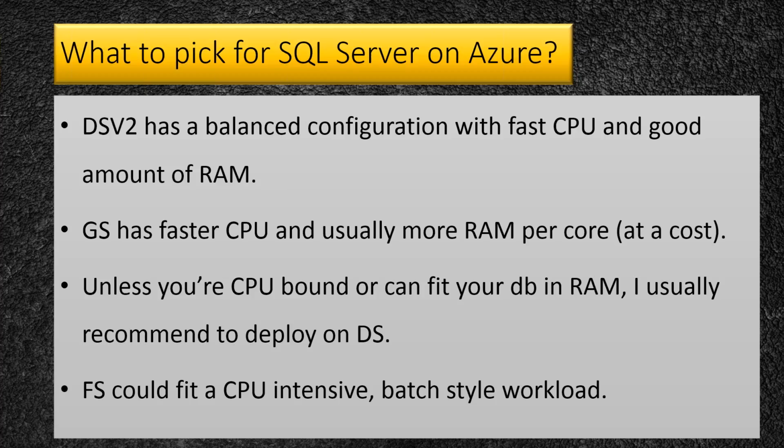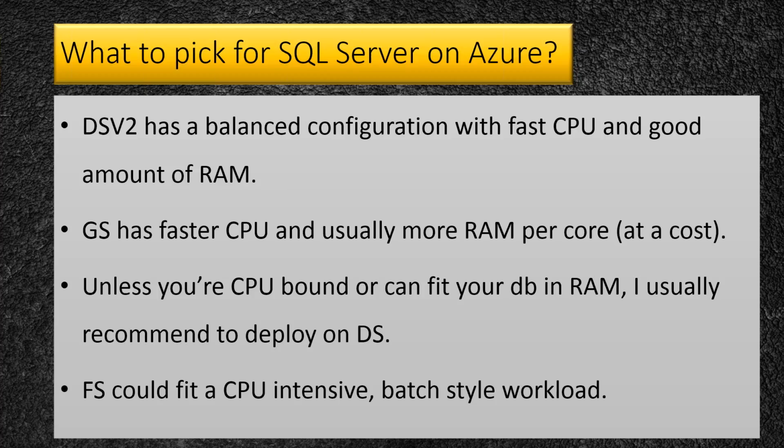The other type of instance that might be worth considering for SQL Server, it might not be the best for high performance, but there's definitely some use cases for it, is the FS. The FS, like I said, has CPUs that are just as fast as the ones on a DSV2, but they don't provide as much RAM. So they're more for batch style workloads, something where you just run some processing overnight on the SQL Server, say an SSIS pull of some data, you transform it, then you generate some files that are consumed by somebody else.